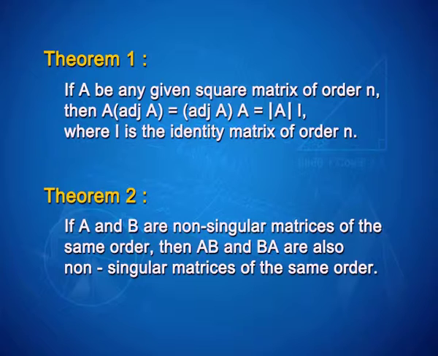Second theorem, if A and B are non-singular matrices of the same order, then their products AB and BA are also non-singular matrices of the same order.